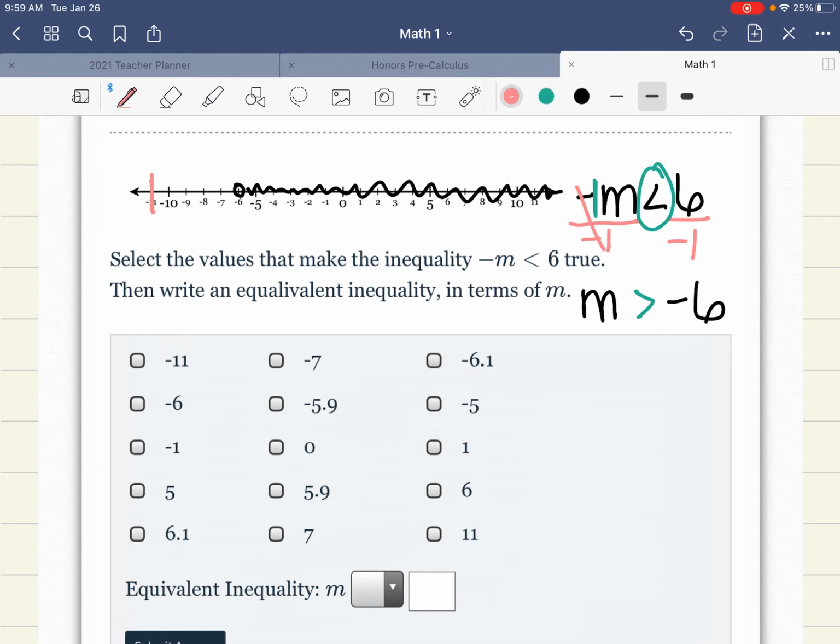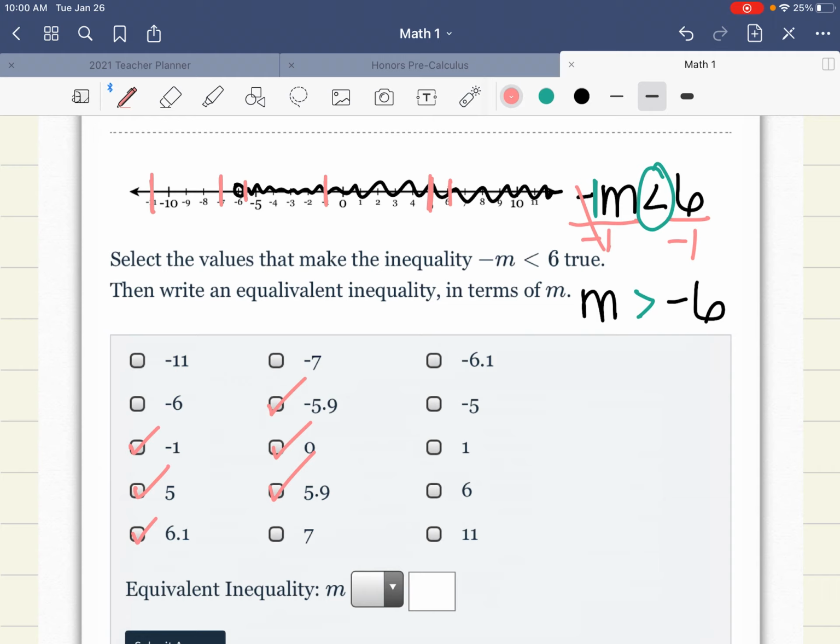All right, so then we have negative 1. So negative 1 is in our shaded area, so that is a solution. So we have 5 is in the shaded area, 6.1. So negative 7 is outside of my shaded area, so that's not a solution. Negative 5.9, so negative 5.9 is right there at negative 6, but it is greater than, so that's a solution.